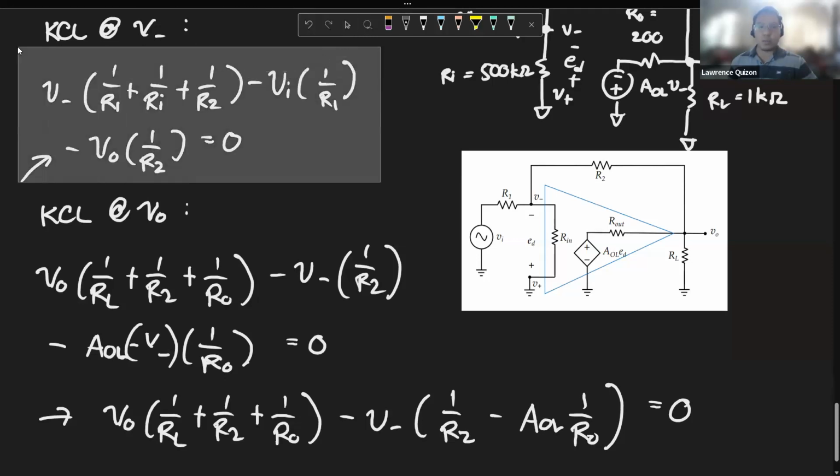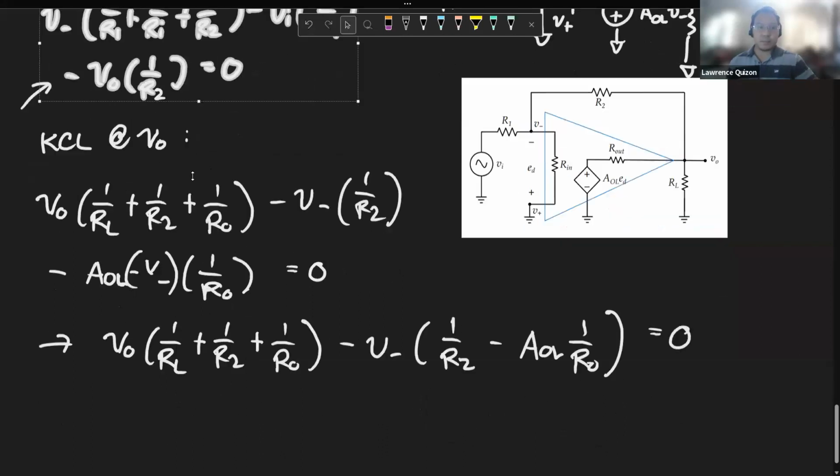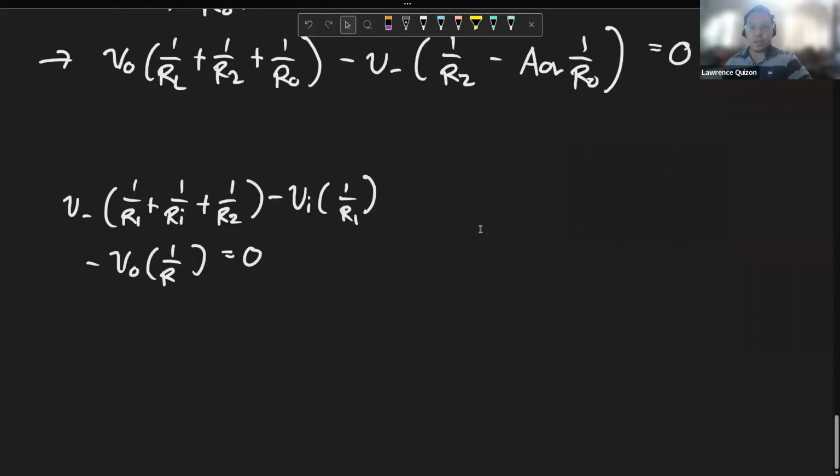So, now, all you need to do here really is to isolate V minus dito sa taas. So if you isolate V minus, you'll get an equation that's like this.